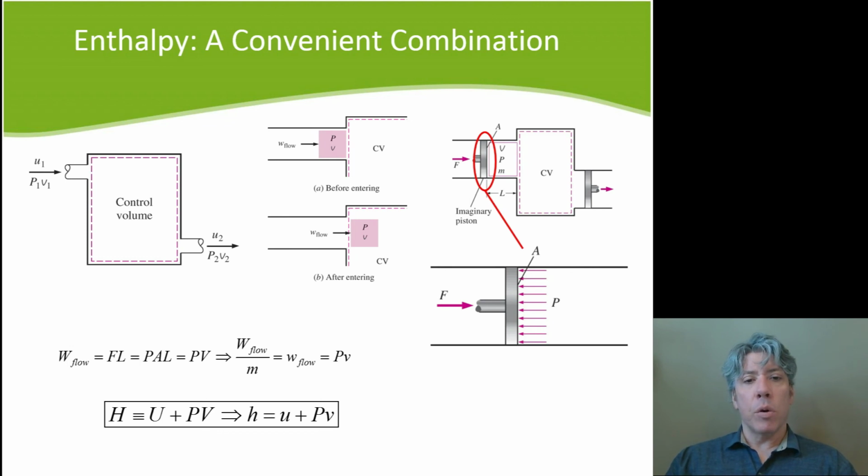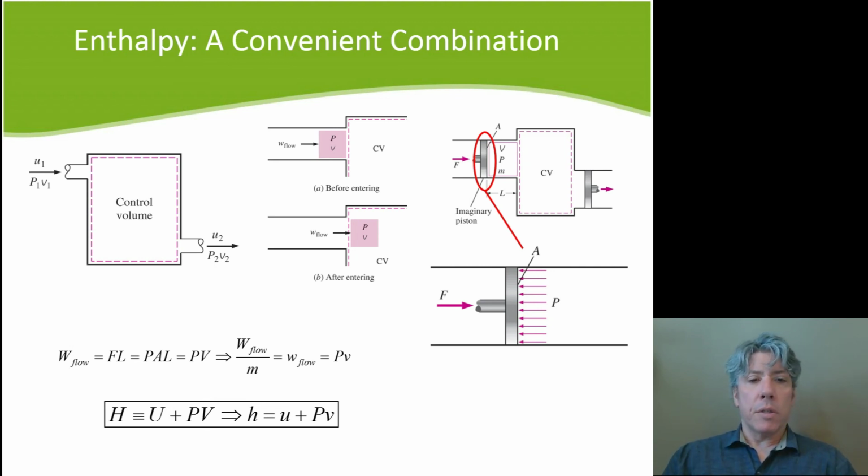So if we take the total flow work and divide it by the amount of mass in that package of air, then we've got the per unit mass work required to push air into the control volume. And so that is called specific flow work. Now, notice that it's PV, but now it's P times little v, where instead of taking the total volume as we did before, now we take the volume per unit mass, so the specific volume.